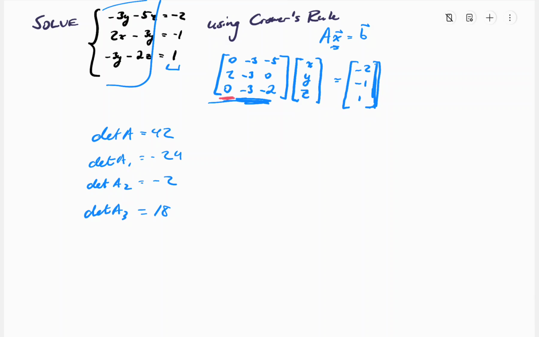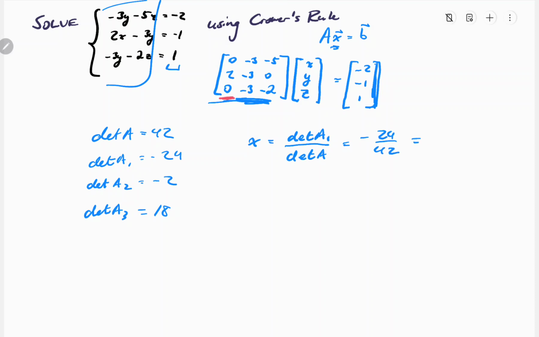All right, so now we can use the determinants we painstakingly calculated to solve our system of linear equations. So now we have, let's turn the pen back on. To solve for x, we will take the first new determinant and divide by the original determinant, which gives us negative 24 over 42.